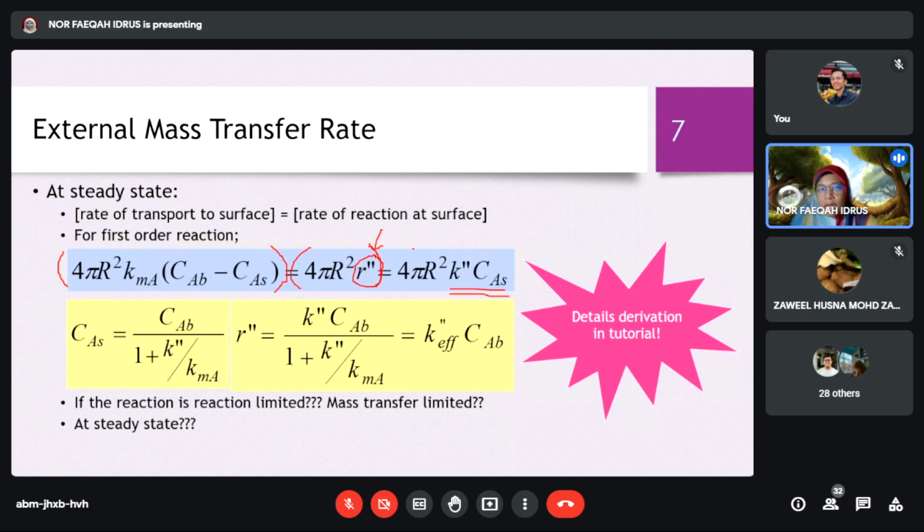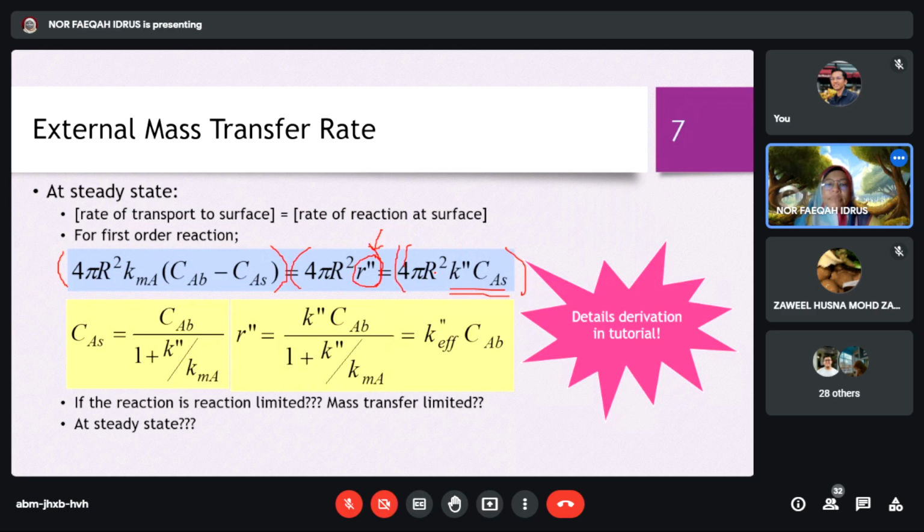You learned this in reaction engineering 1, chapter 1. There are definitions for each rate of reaction and the unit of rate of reaction. If you don't remember, look back at the reaction engineering 1 chapter 1 notes. Okay, so this equation is actually similar with this one.